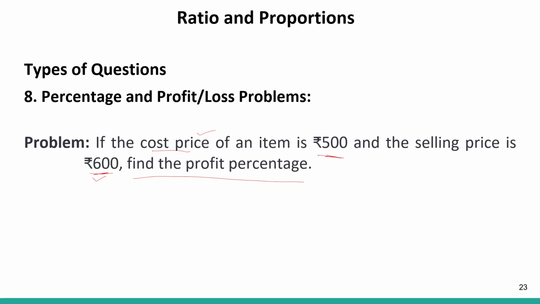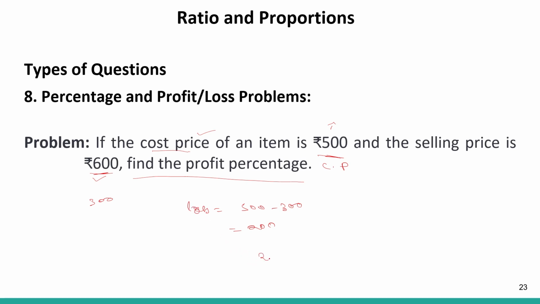Okay, let's say you have an item whose cost price is 500, okay, its CP is 500, but its selling price is 300. You want to calculate the loss percentage. So what you do is calculate the loss. So loss is equal to what? 500 minus 300 is equal to 200. Then you need to calculate how much is the loss percentage.